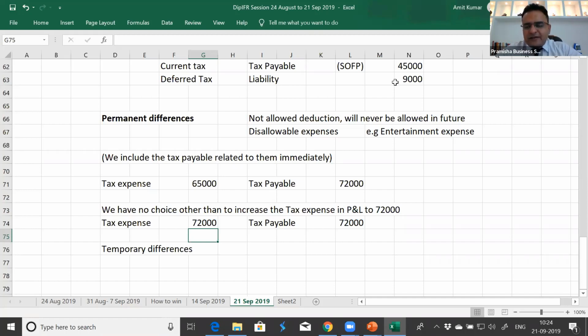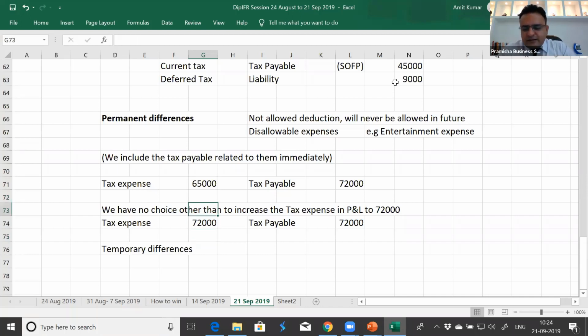But tax authority agreeing to it is not necessary. According to tax authorities, no, we will not allow this entertainment expense. You may have included it as part of your calculation of profit, but we will not allow this as part of calculation of tax. So what if we have included 65,000 as an expense?